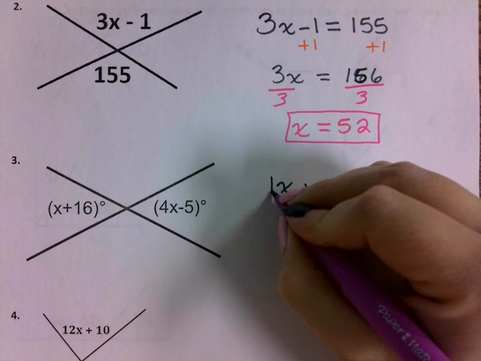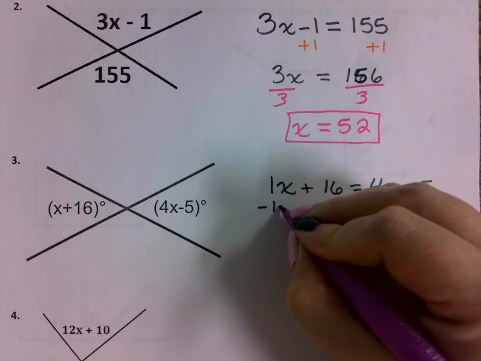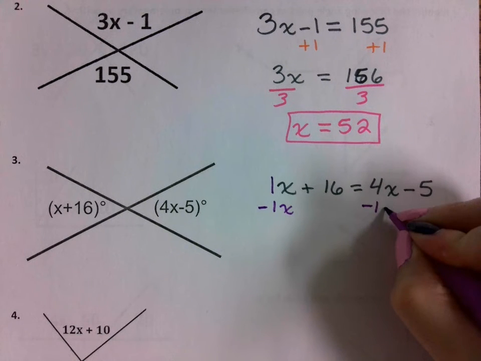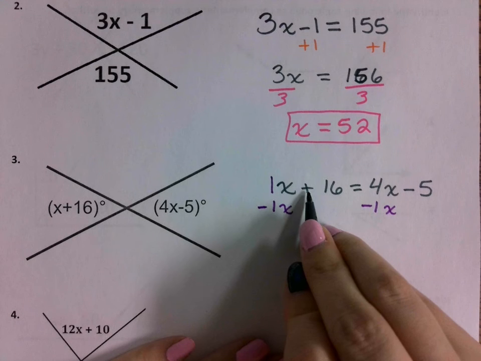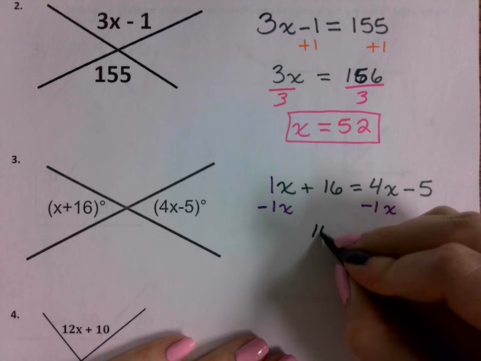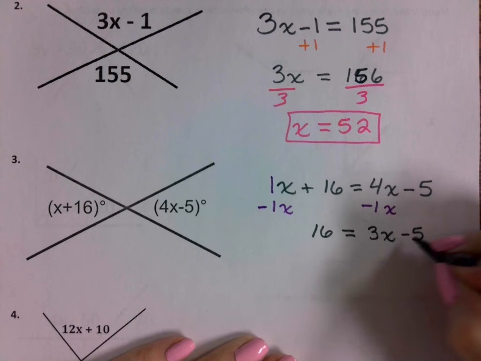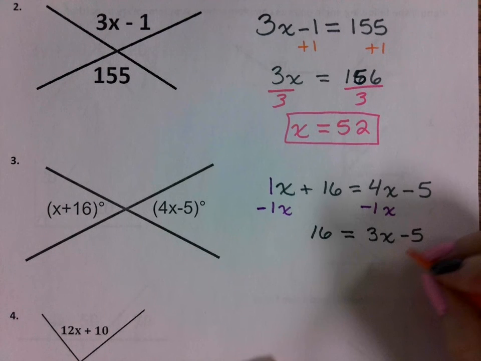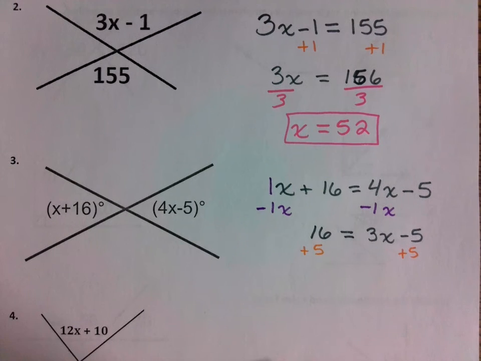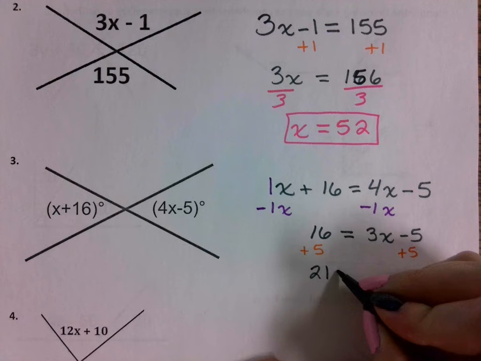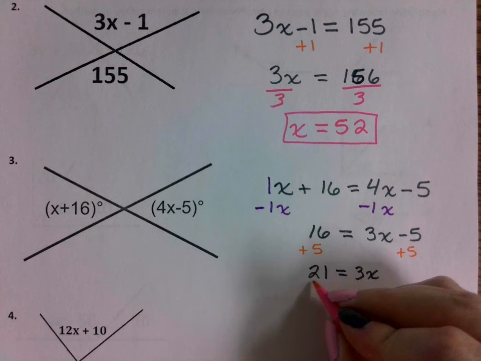So I'm going to subtract 1x from both sides. That's going to give me a positive 16 is now equal to 3x minus 5. We'll then add 5 to both sides. That's going to give us 21 is equal to 3x. And then we'll divide both sides by 3, and we'll get x is equal to 7.